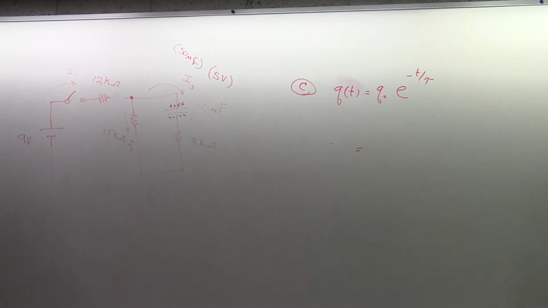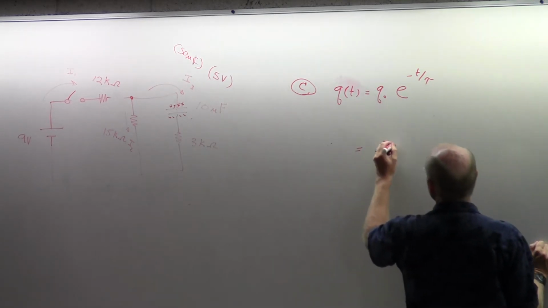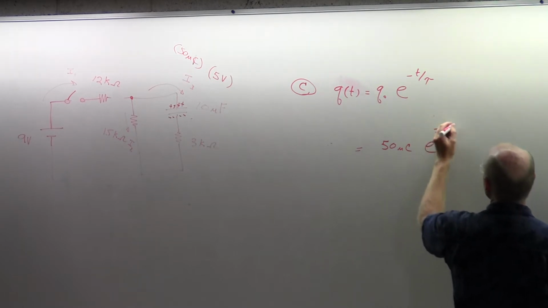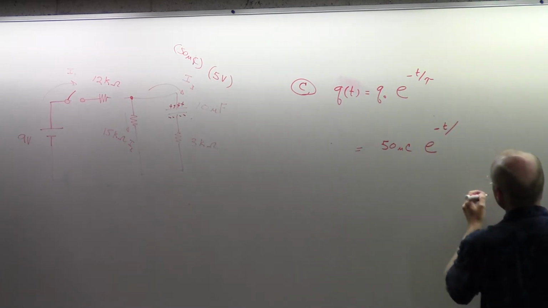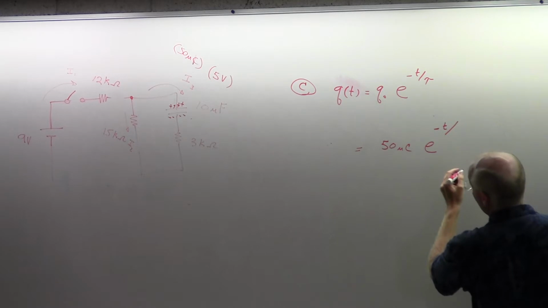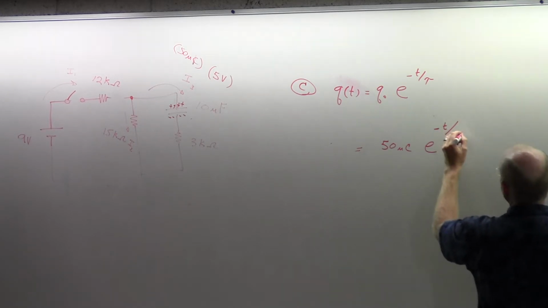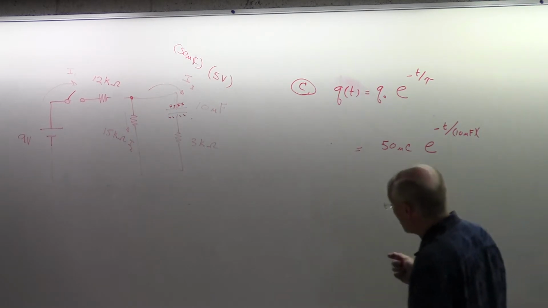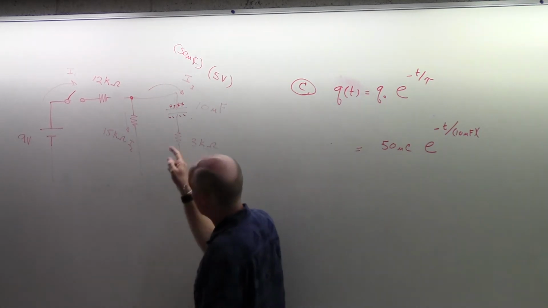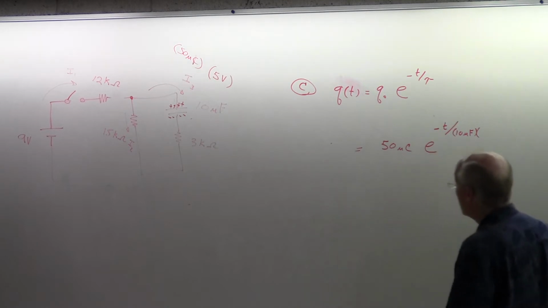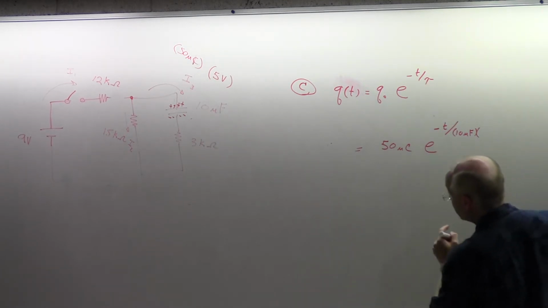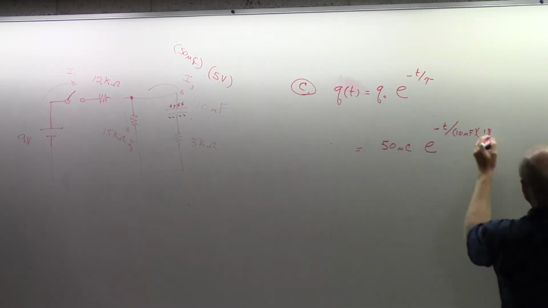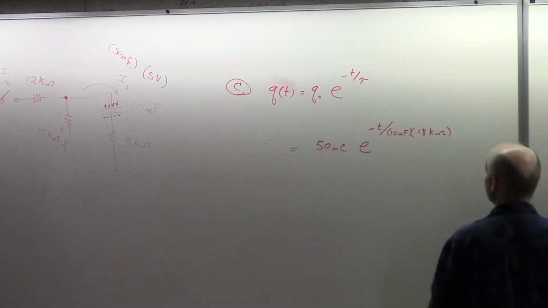So this should come out to be 50 microcoulombs times e to the minus t over RC, where C is 10 microfarads, but R is the 2 of them in series. So we've got a 15 and a 3, which make 18 kiloohms.